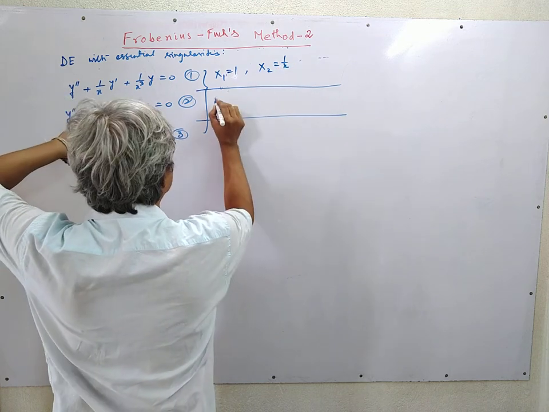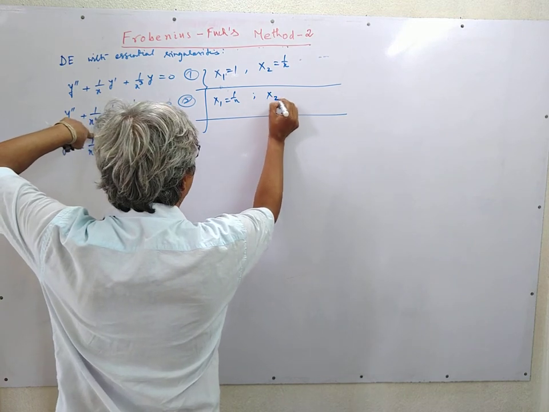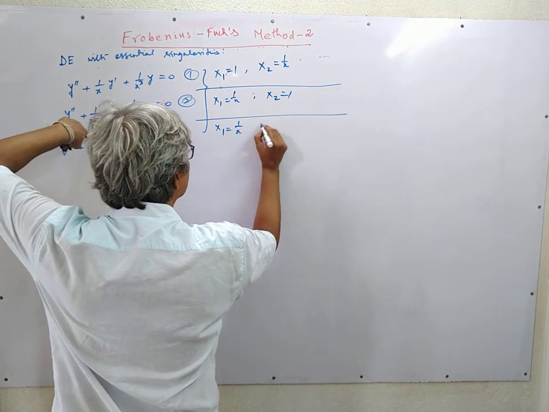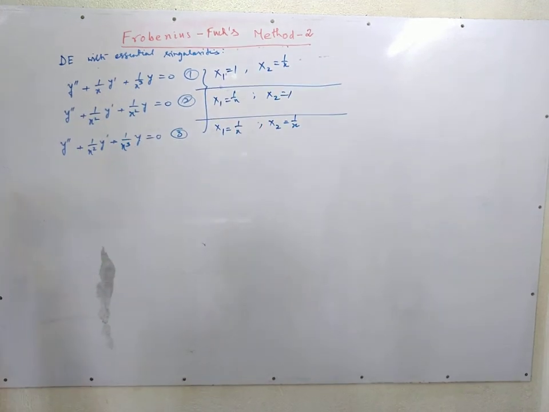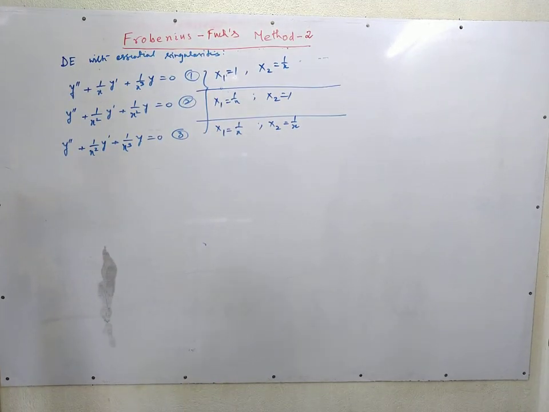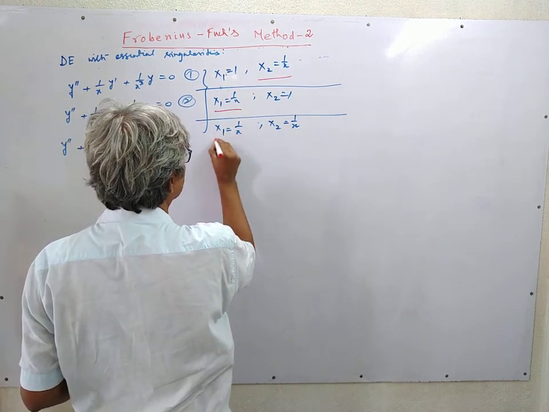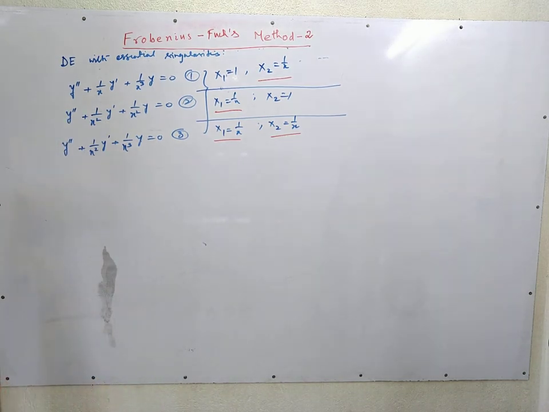In the second case, X1 is 1 upon x and X2 is equal to 1, and for the last case, X1 is 1 upon x and X2 is also 1 upon x. So we see the singularity: as x tends to 0, the functions underlined by red color diverge. So x is equal to 0 is an essential singular point of all three differential equations.